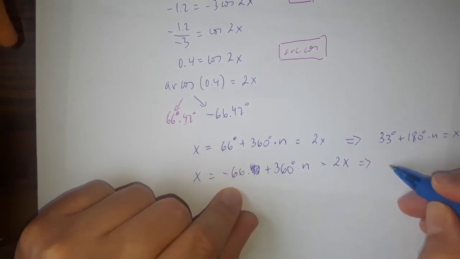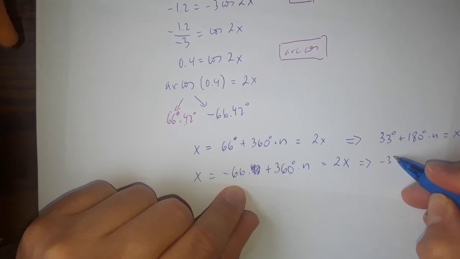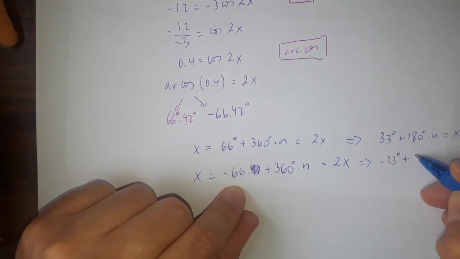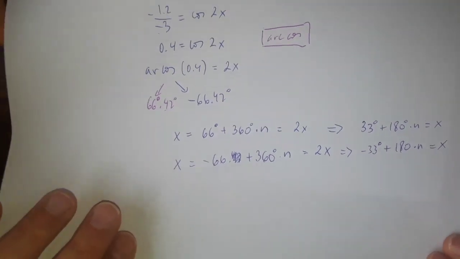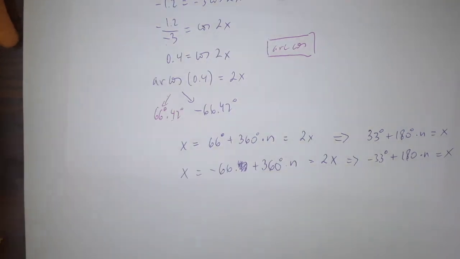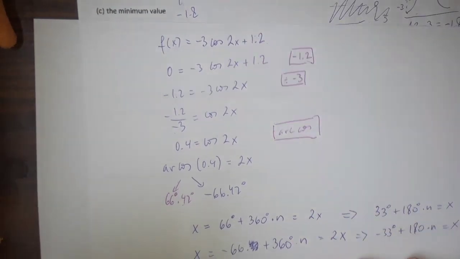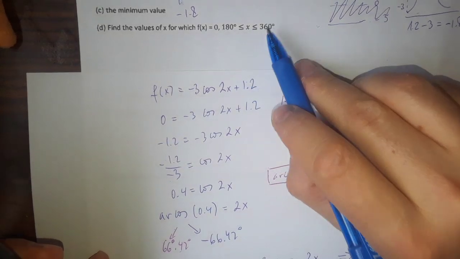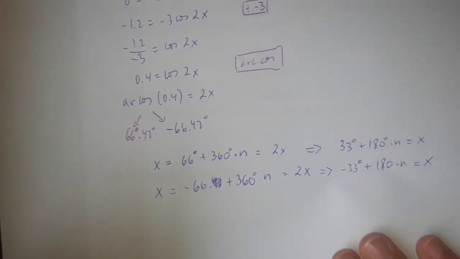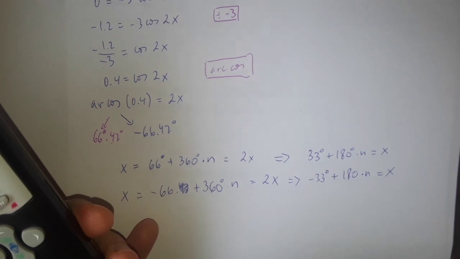And for this one, it's going to be negative 33 plus 180 times n, correct? And now let's keep adding 180 because we have to find the solutions between 180 and 360. So let's see how many solutions we have in that range.